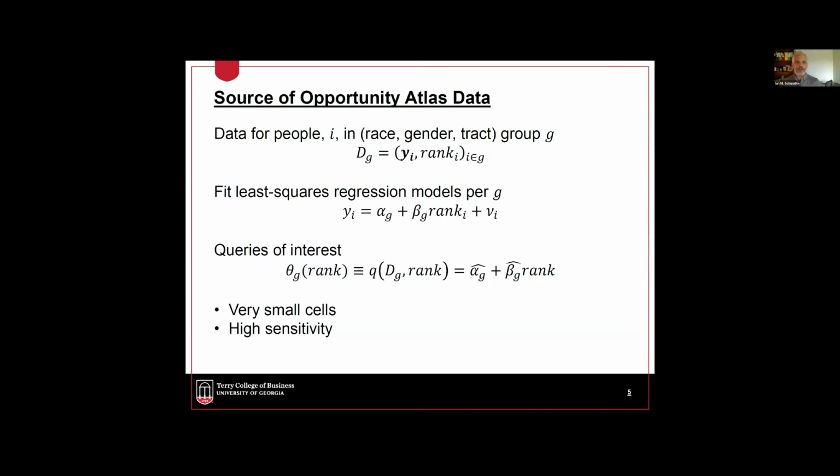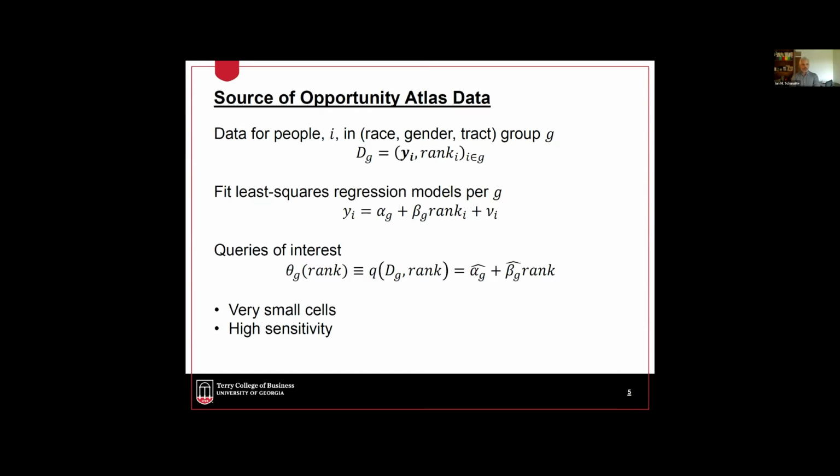And for those individuals, for that group, we have a database that tells us a set of social mobility outcomes that we're interested in. So for instance, your income rank in adulthood, and they give you information on the income rank of the household that you grew up in, the income rank of your parents.